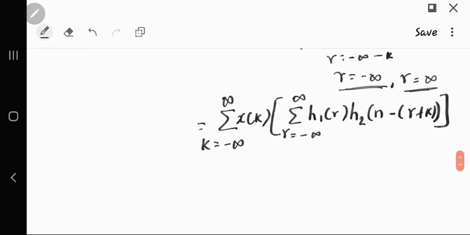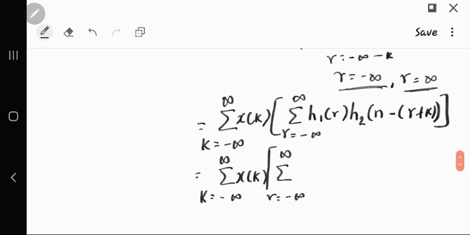Now if you multiply with minus, you will get summation k is equal to minus infinity to plus infinity x of k, summation r is equal to minus infinity to plus infinity, and don't forget this, this is a different part, h1 of r, h2 of n minus, just for simplification purpose, n minus k minus r. I have just rearranged it and written multiplied by minus. So this is the simplest form of that.